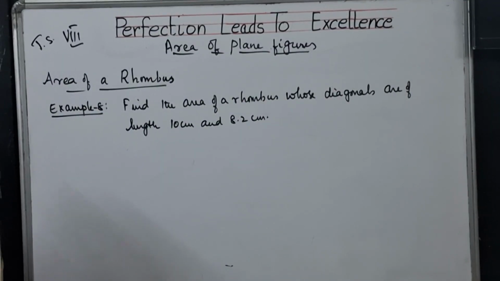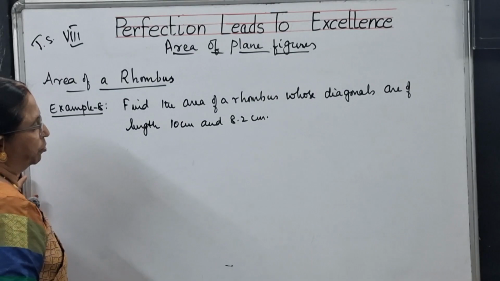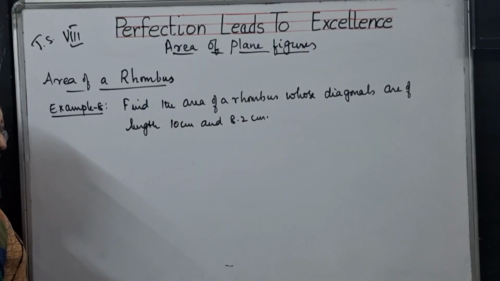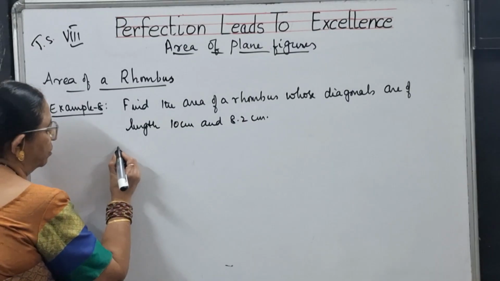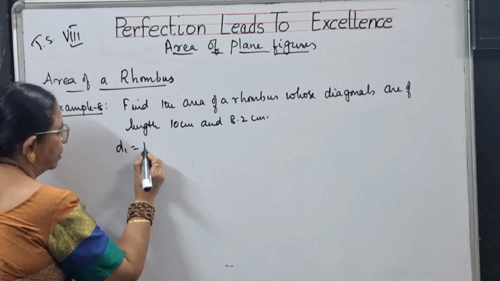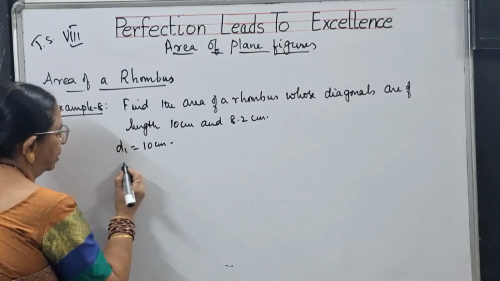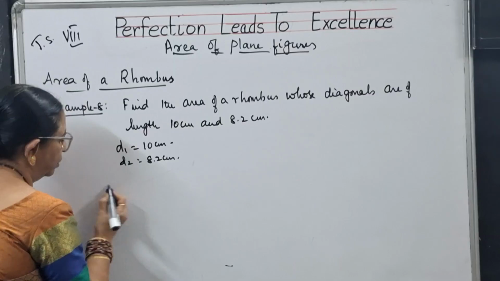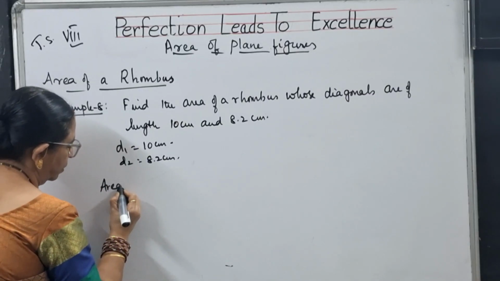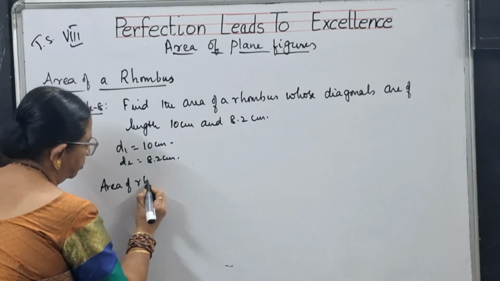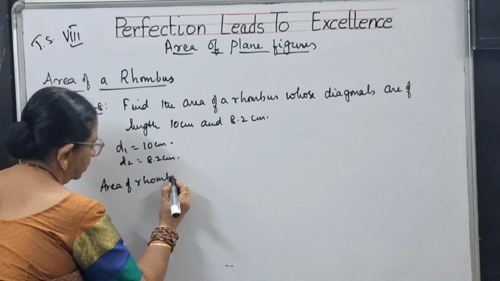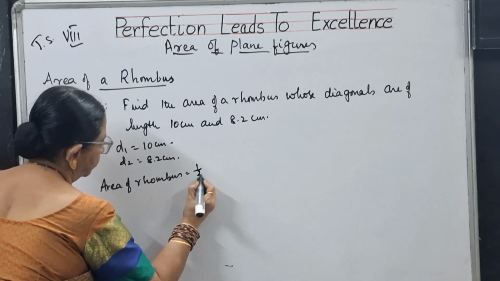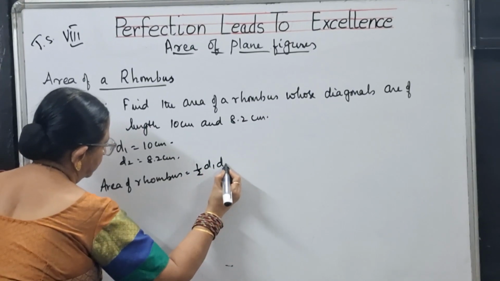Now example 8, children. Find the area of a rhombus whose diagonals are of length 10 centimeters and 8.2 centimeters. So what did they give? Diagonals. D1 is 10 centimeters and D2 is 8.2 centimeters. So the area of a rhombus is equal to half D1 D2.